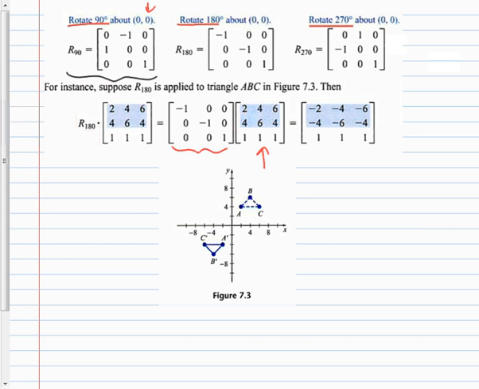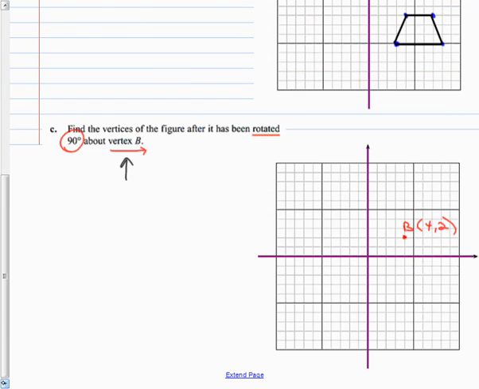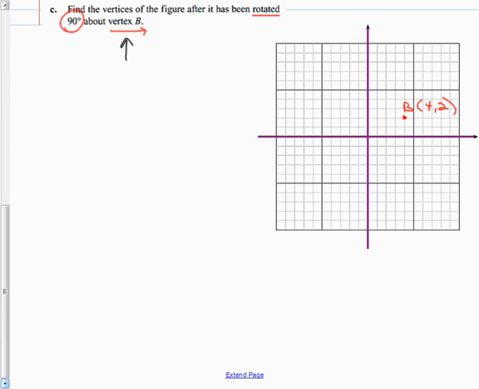So what we are going to have to do to accomplish this is a 3-step process. We are going to have to move this point over and down so that we move it to the origin. Then we are going to rotate it 90 degrees because we have a matrix that does that.